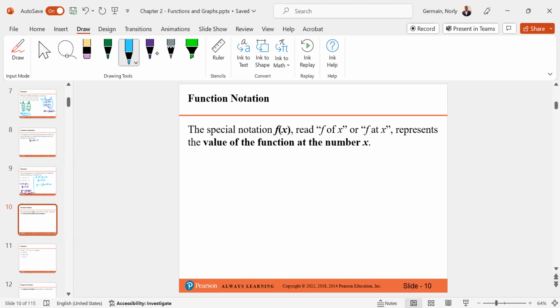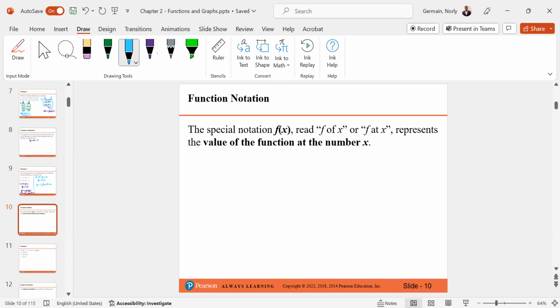Think of the domain as the set of the function's inputs and the range as the set of the function's outputs. The special notation f of x, read f of x or f at x, represents the value of the function at the number x.